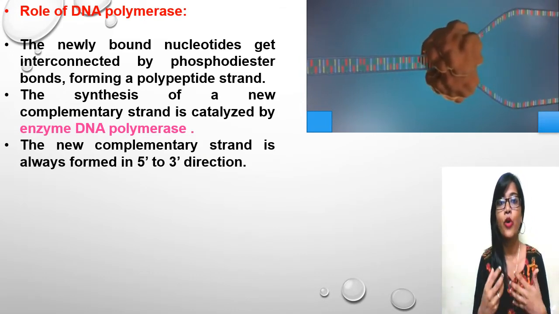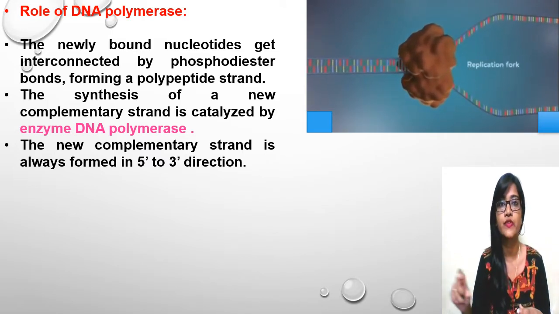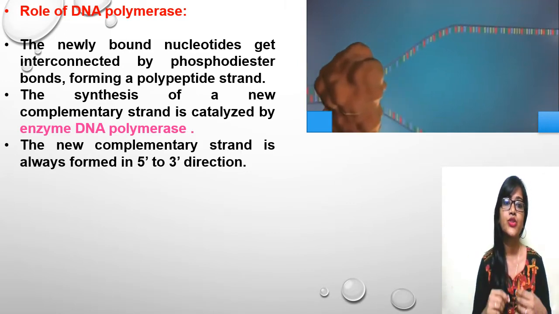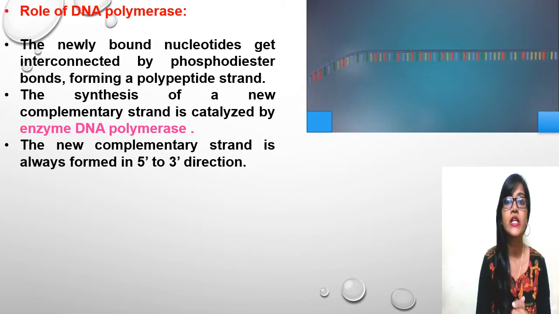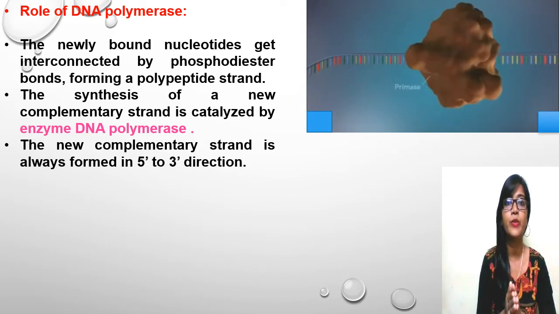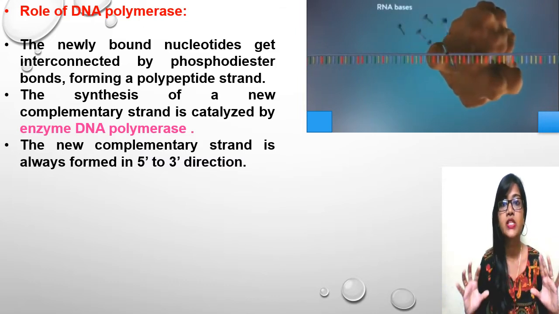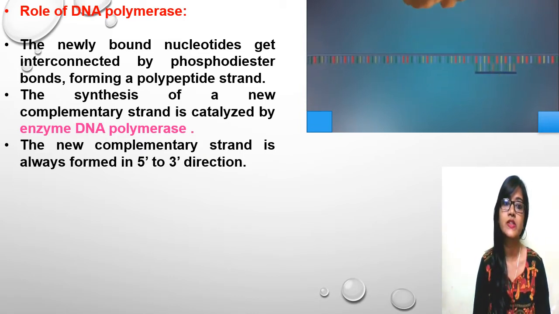The DNA polymerase reads the information which is present in the form of nucleotides. And to create the new complementary strand, it is very important that the DNA polymerase must read what information is there on the old strand or the existing strand.